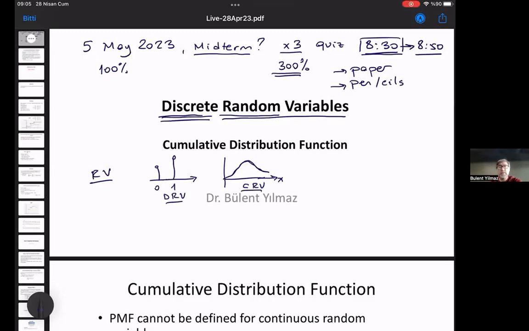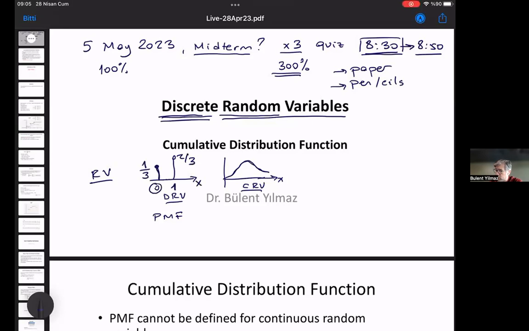So we talked about probability mass function. This is probability mass function. What does probability mass function mean? It will show me the probability of each random variable. For example, the probability of obtaining 0 is, let's say, 1/3, and obtaining 1 is 2/3. Okay, this is a PMF.